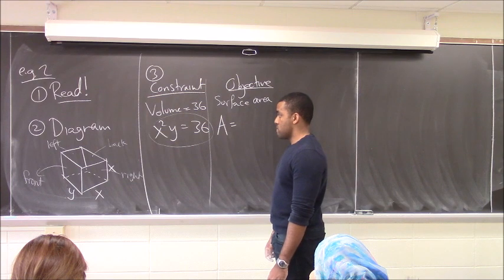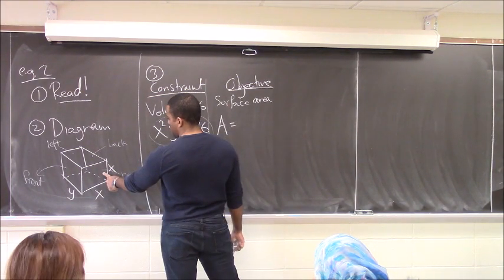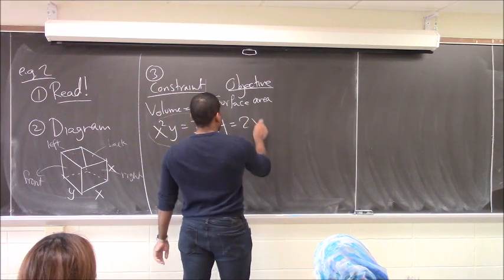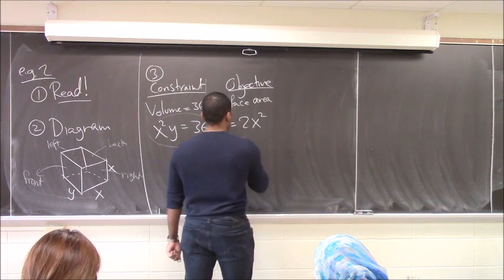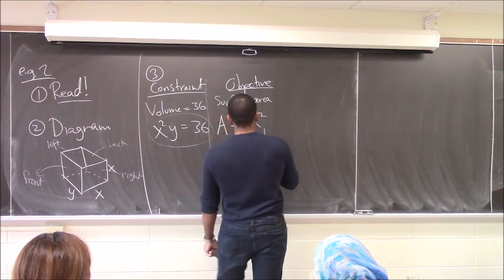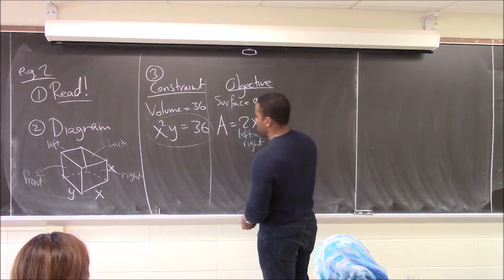x squared plus xy. Yeah. So x squared is for the right side. The left side would also be x squared. So 2x squared. This is for the left and right. Then 2xy, then plus xy.